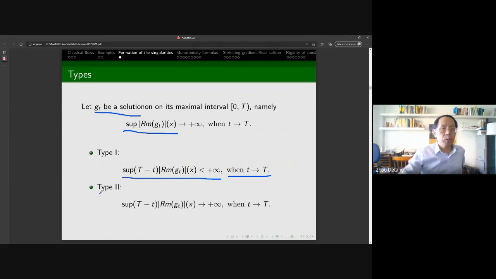Otherwise, we call it type 2. The two types of singularities require different scalings of the Ricci flow. Today I will talk about type 1.